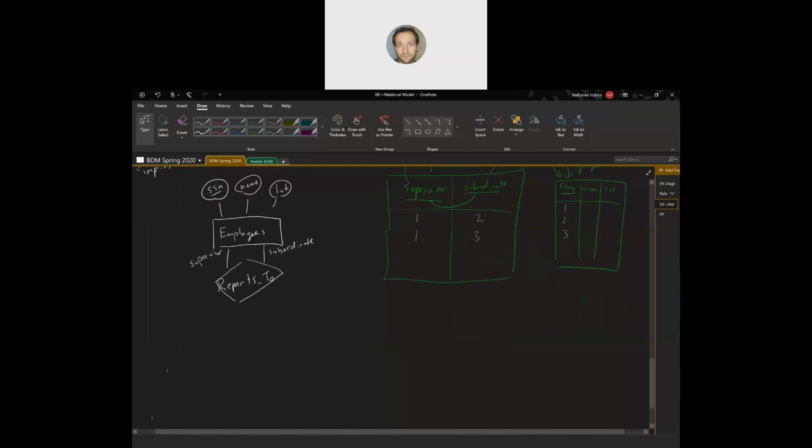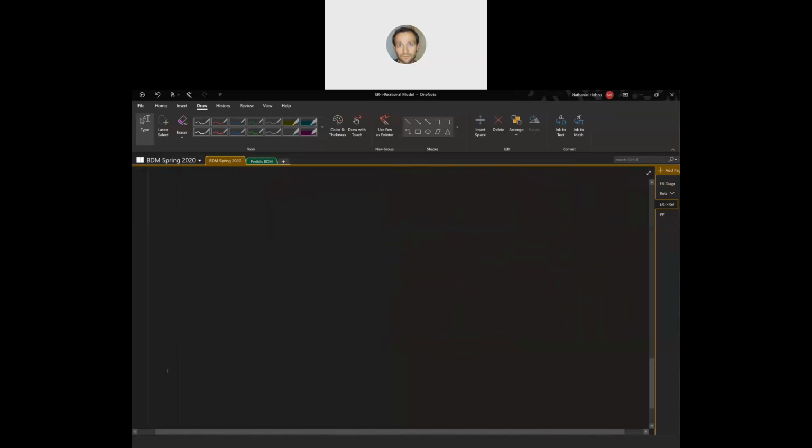Then here we'll draw something that looks a little bit more substantial.